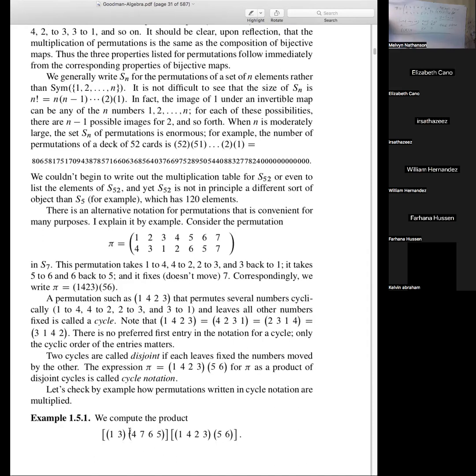And as an example, at this point, the book is calculating. If I take the permutation (1 3)(4 7 6 5), that's one permutation, and (1 4 2 3)(5 6), that's another permutation. I want to multiply these two together.